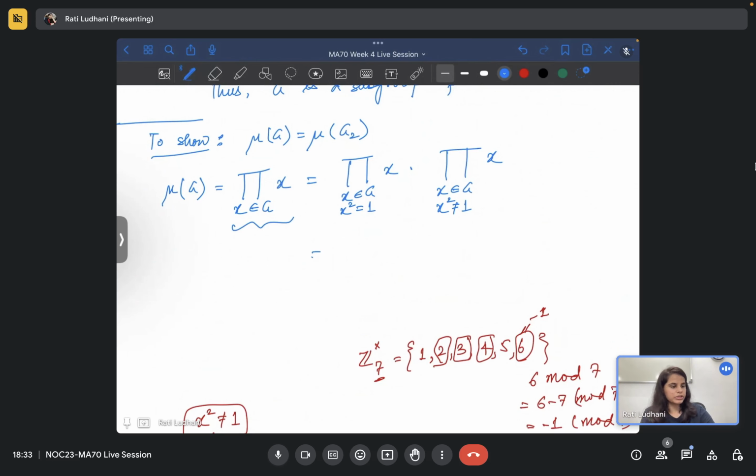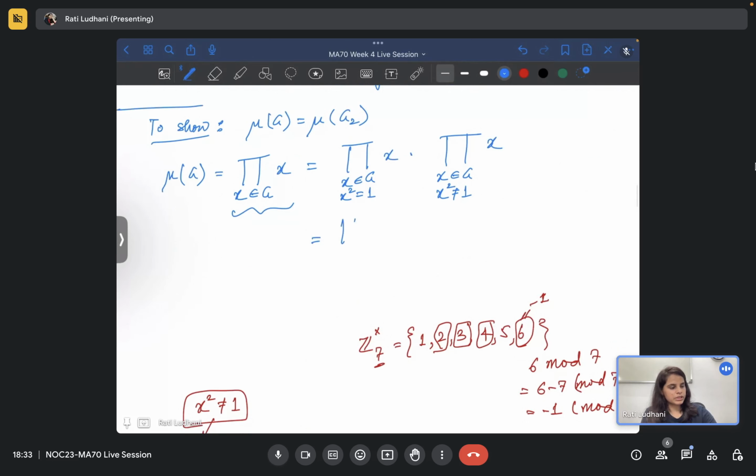We separated it out, and the first part we keep as it is. From the second part, we know that every element will exist in pairs, like y into y inverse, everything distinct, and so on.